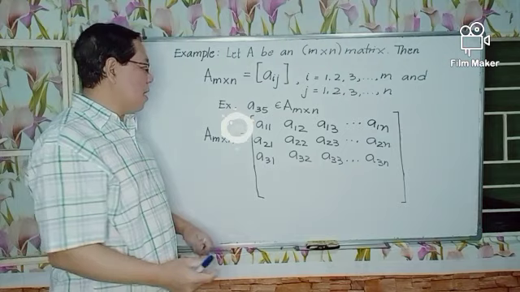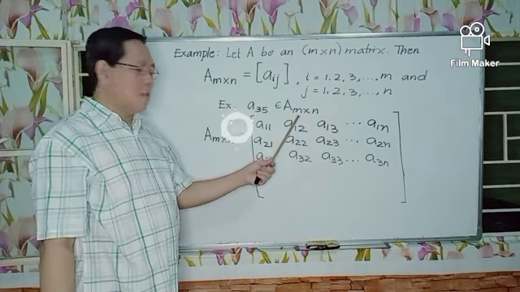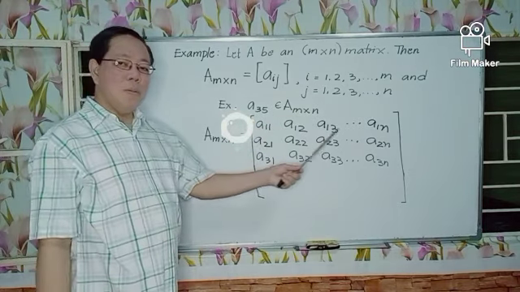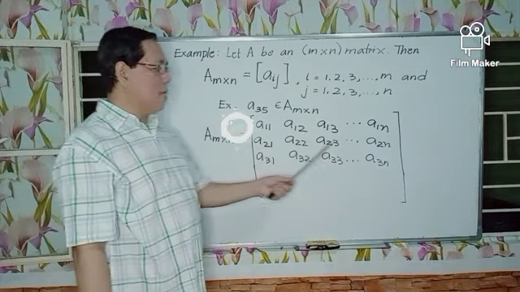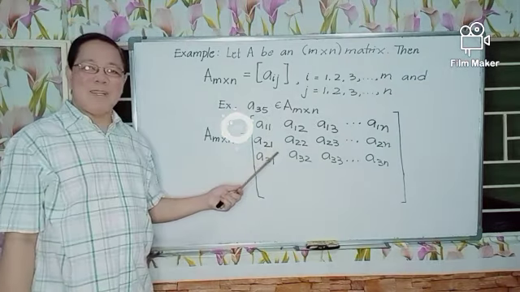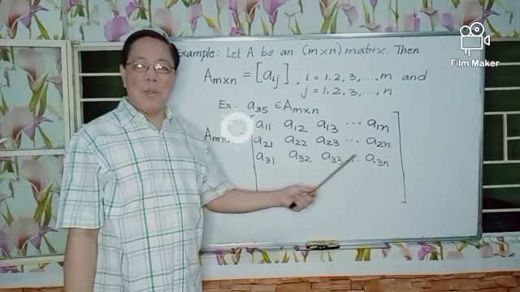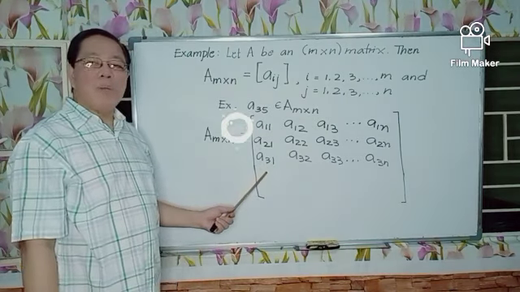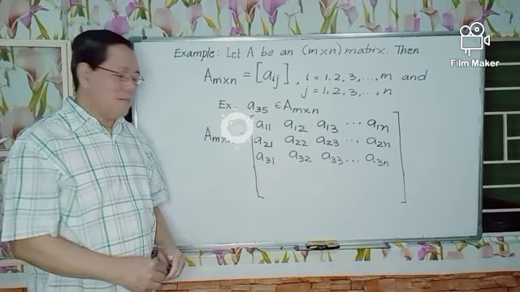Now, matrix A has m rows. This is the first row. This is the second row. These are the entries of the second row. This is the third row. After the third row, we write ellipses again.